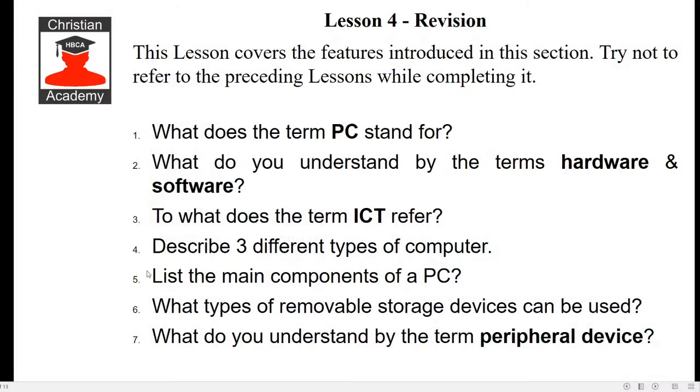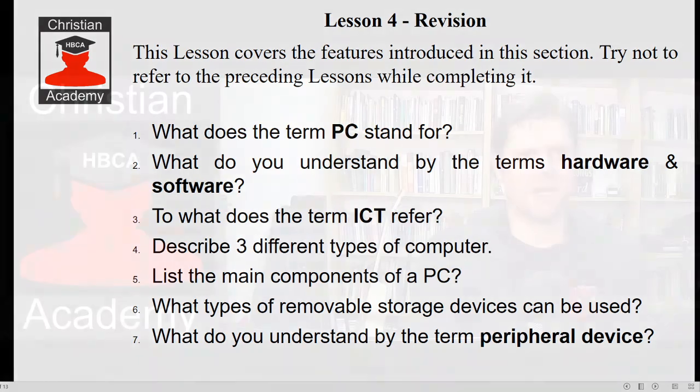The next question that we have is what types of removable storage devices can be used. Obviously, removable storage would mean a USB drive. I normally have a few of them. I have a USB hard drive, which has a spinning motor like a standard hard drive would have.